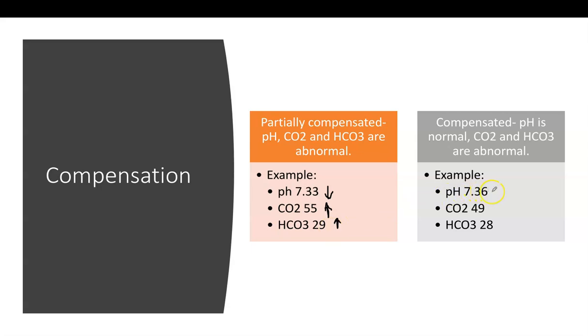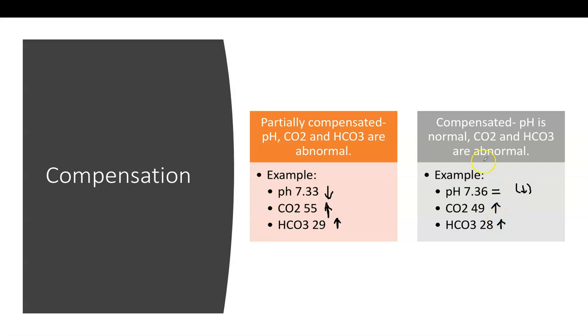If we go to this other one, this is equal or normal, 7.36. But we know it's on the low side of normal, right? So that's the other critical part here, to know which way it was. Our CO2 is elevated, and our bicarb is also elevated.